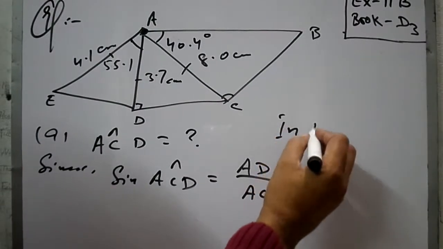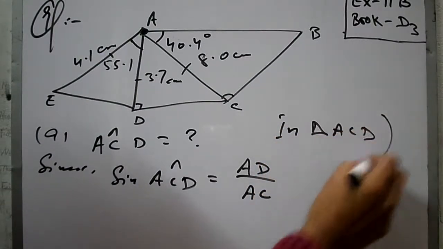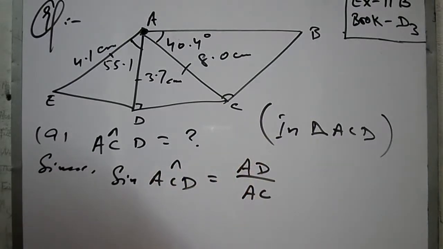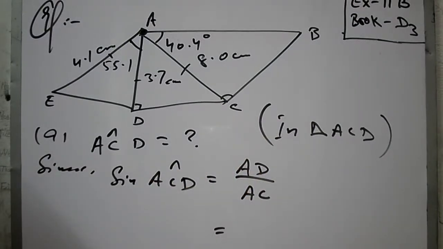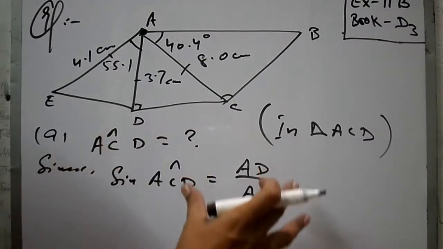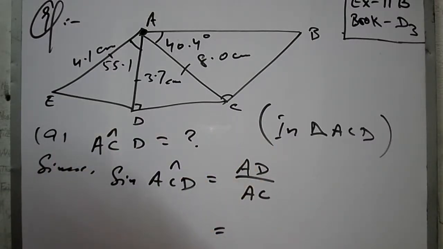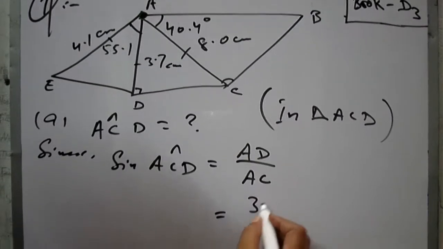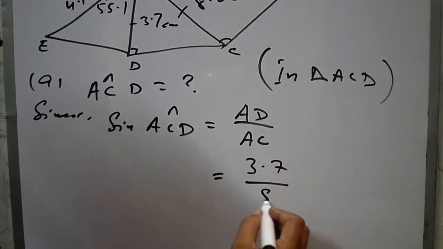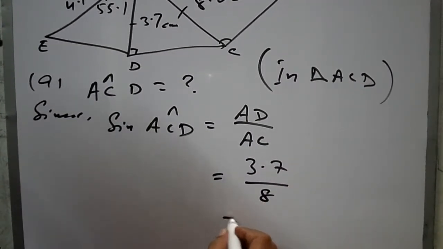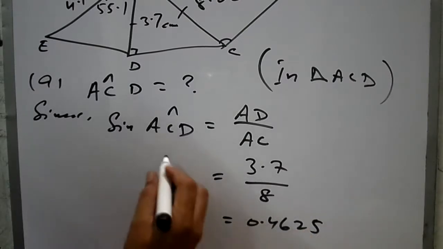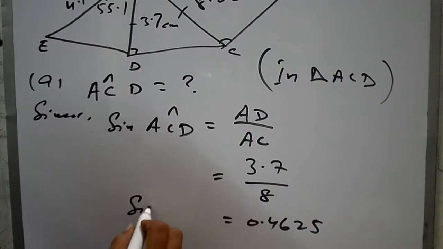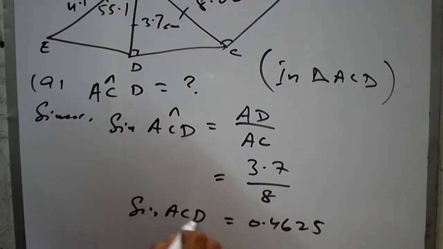So after putting the values you will get 3.7 divided by 8, so you will get 0.4625, but you need the value of only angle ACD, not sine.